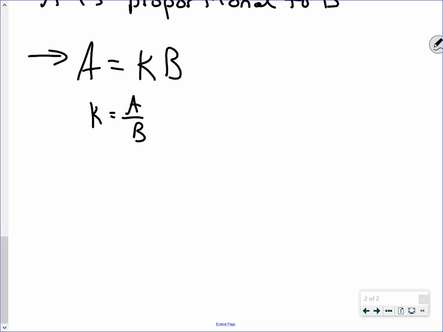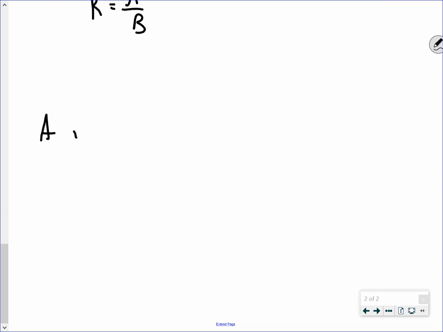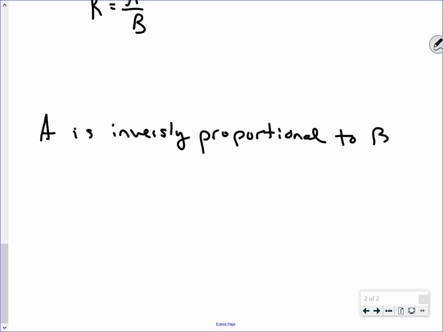If I say A is inversely proportional to B, A is K divided by B, and sometimes you will see this written as K equals AB.